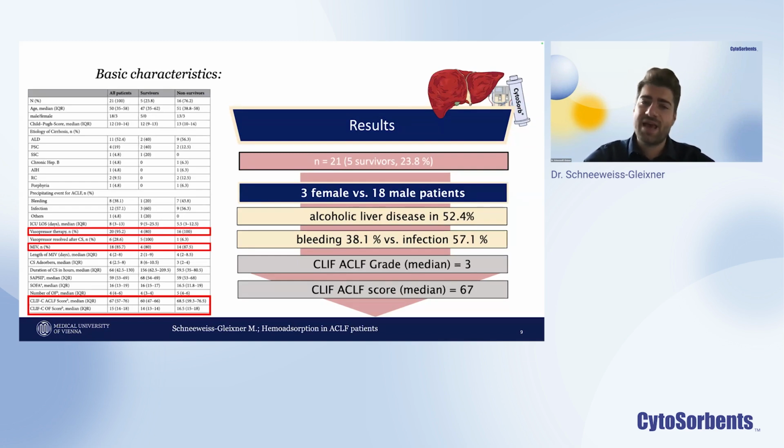The CLIF-C ACLF score also is very high with 67. And as we can see here in the table, the ICU-specific therapies like vasopressors and mechanical invasive ventilation were also used in a high percentage of patients. So only 1 patient didn't have any vasopressors, and more than 58% of our patient population got intubated and required mechanical invasive ventilation.